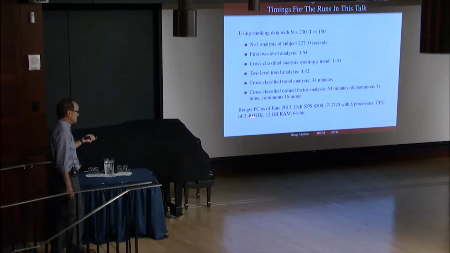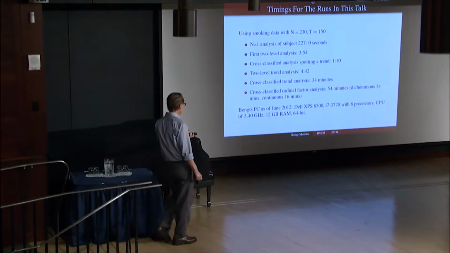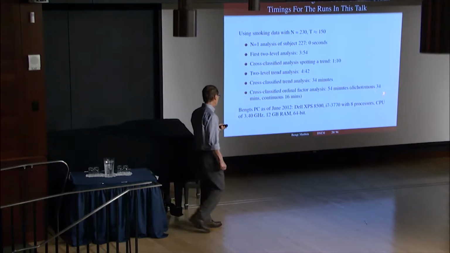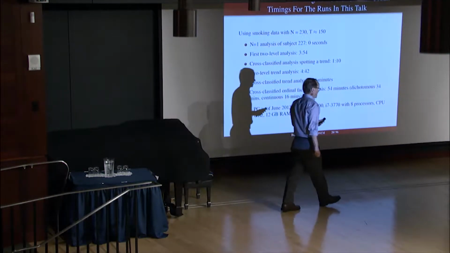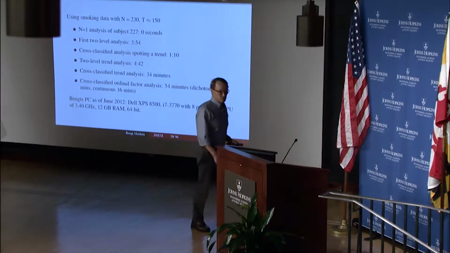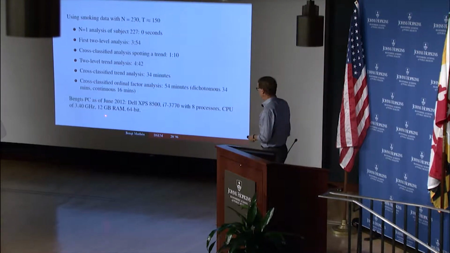And this is the PC that I had 5 years ago. The most important thing is that I had 3.4 gigahertz for the processor. And now I just got a new computer that I haven't had time to unpack because of this workshop, which is going to cut off 33% of the time.